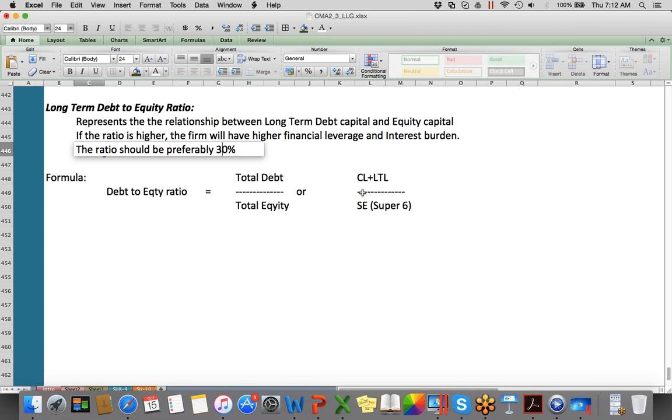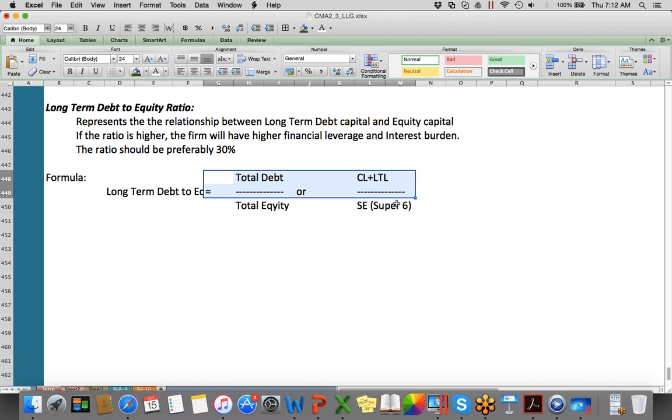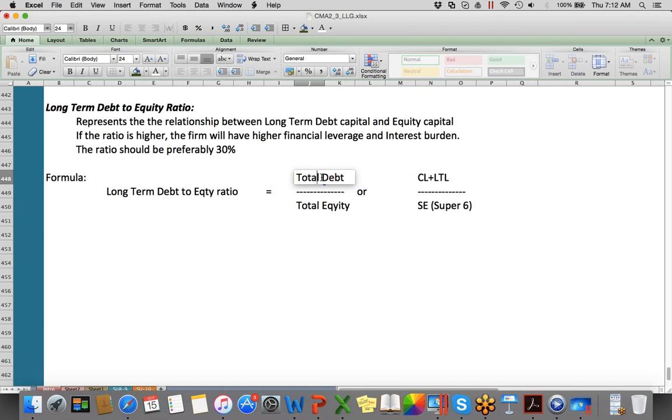Long term debt should be around 30%, meaning the long term debt to equity ratio will be around 30%. That is, only long term debt divided by total equity. Here LTL, only LTL.